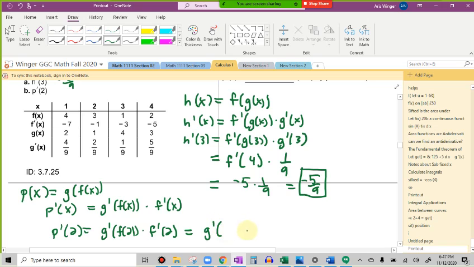The value of f at 2 is 3, times f prime of 2, the derivative at 2, negative 1. G prime of 3, the derivative at 3, is 1/9, times negative 1, negative 1 over 9.